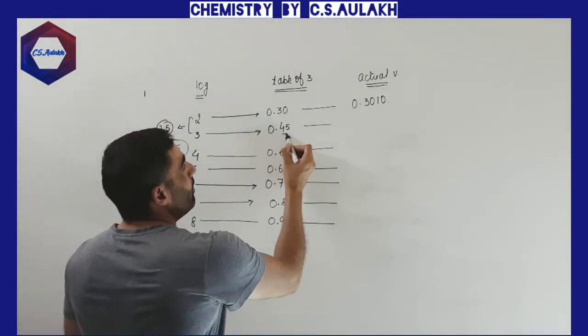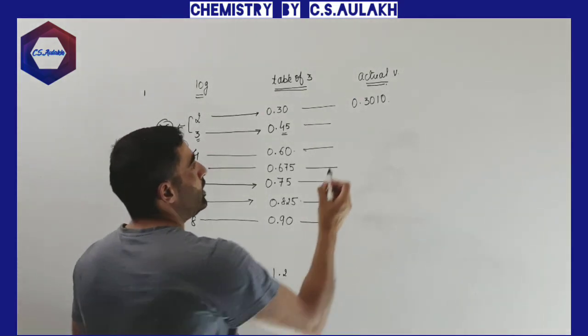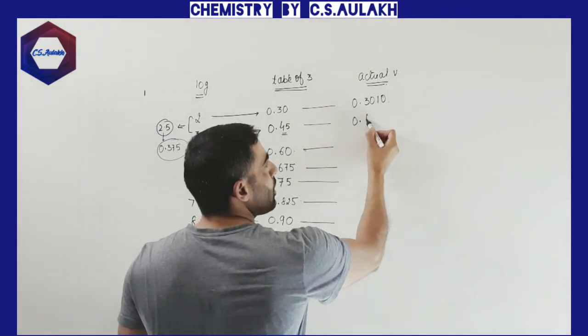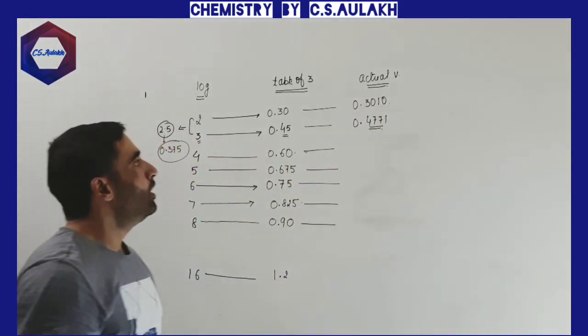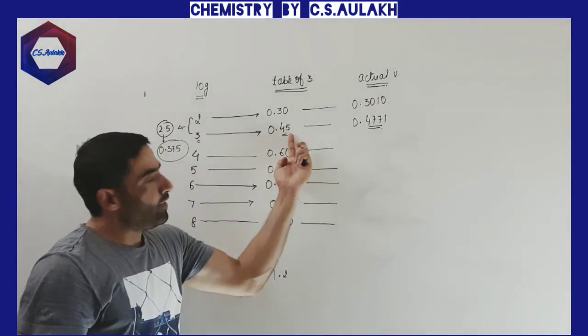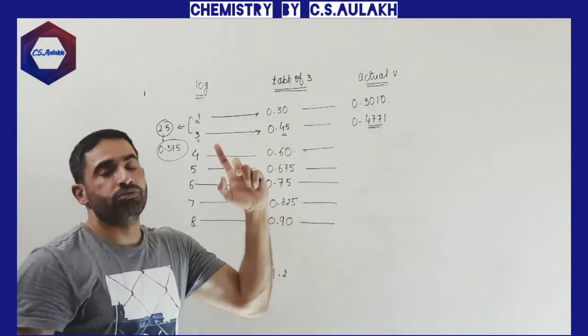Similarly, if we look at the actual value of log 3, it is 0.4771 in the actual log table. Again, there is a little difference in the second decimal place. Here it is 7 and here we have determined its value as 5.